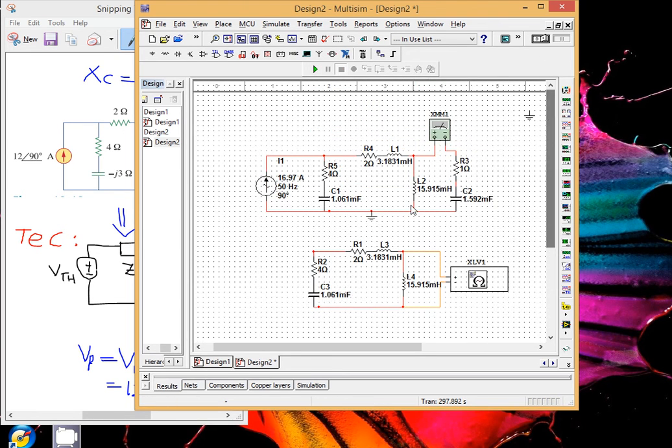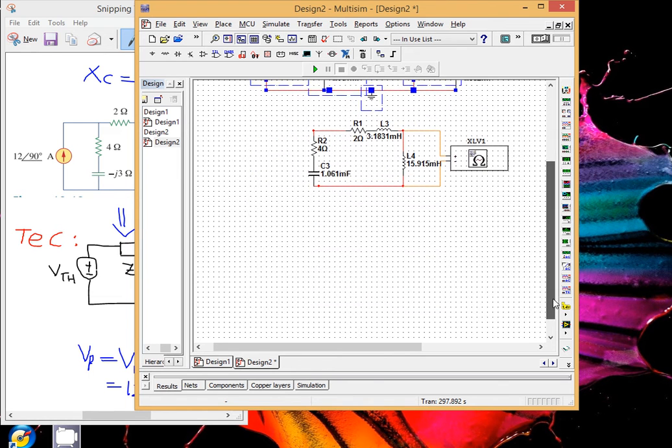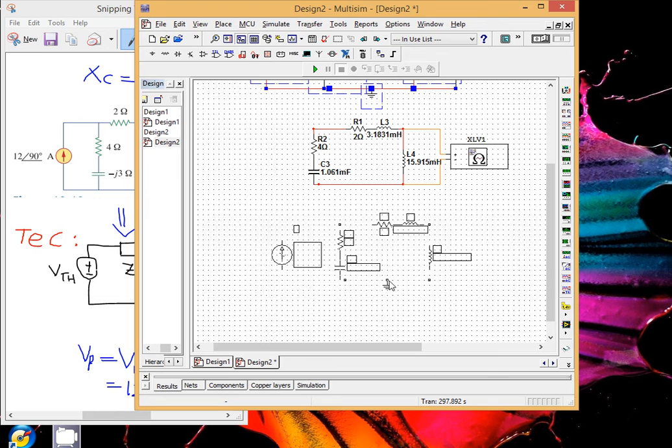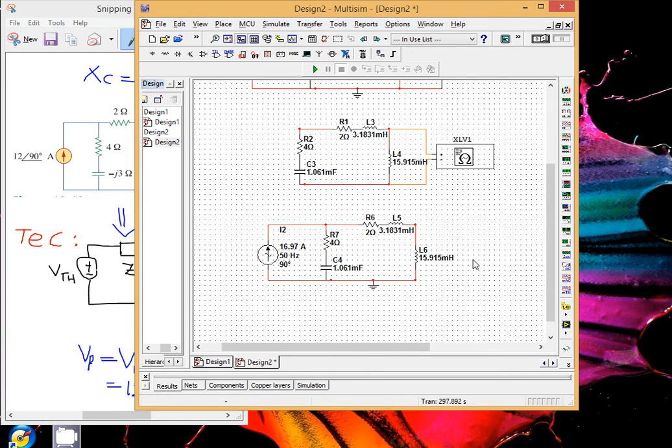Okay, and then you can connect to multimeter.